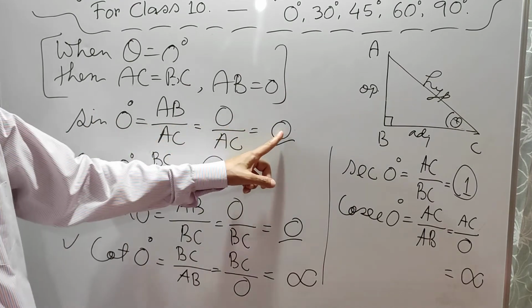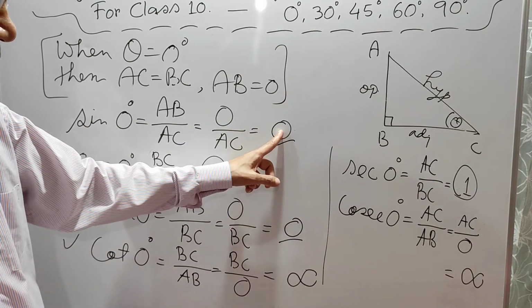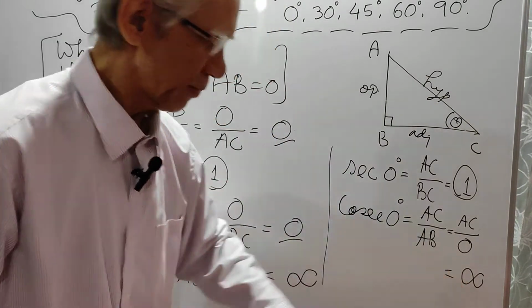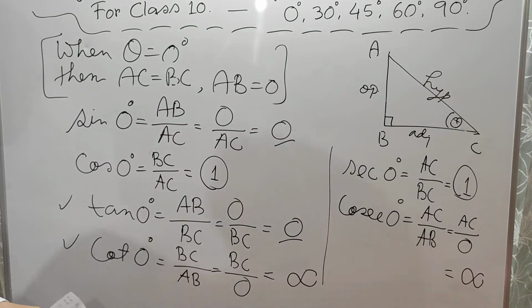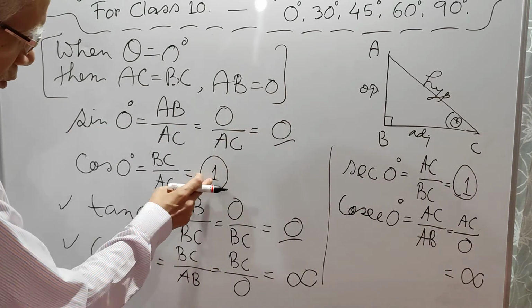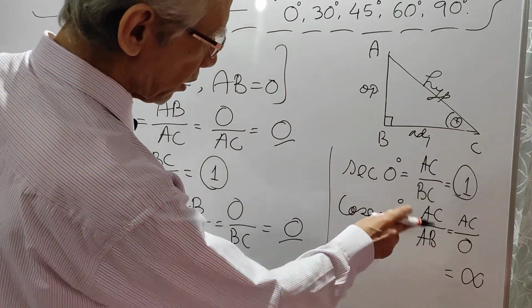Sine is 0, so cosec should be the reciprocal of 0, and the reciprocal of 0 is infinity. All right, so for 0 degree, what we got is sine 0, cos 1, tan 0, cot infinity, sec 1, cosec infinity.